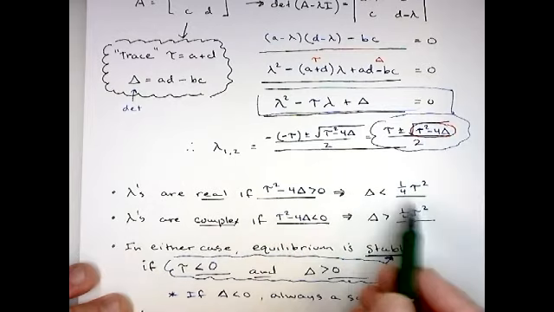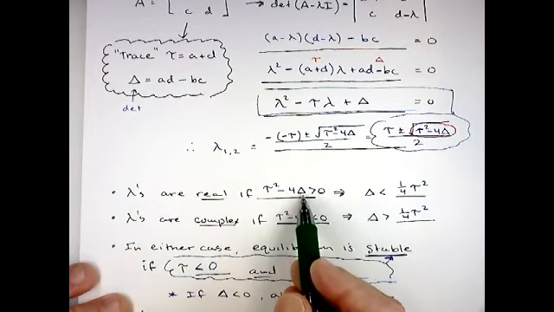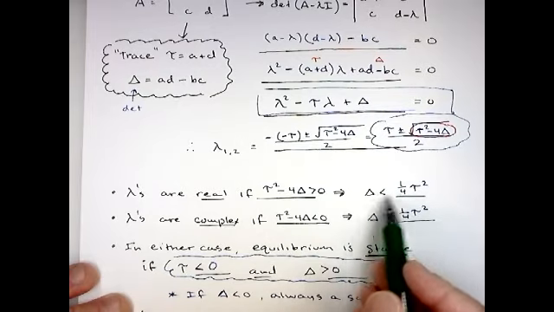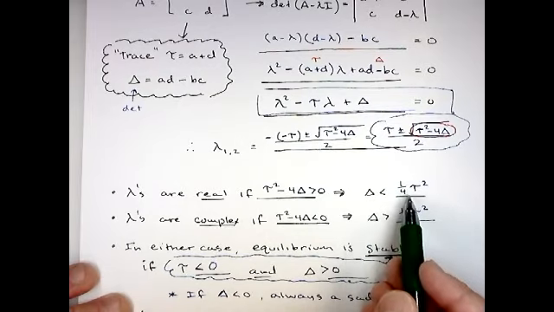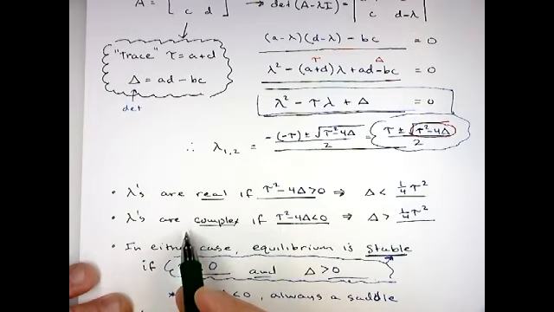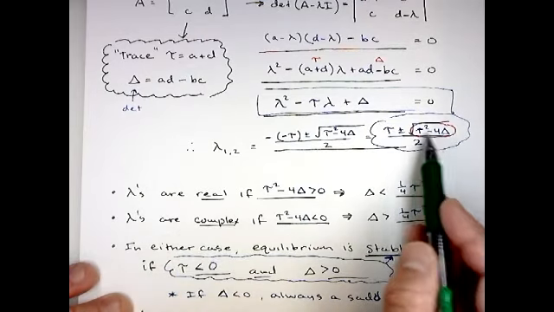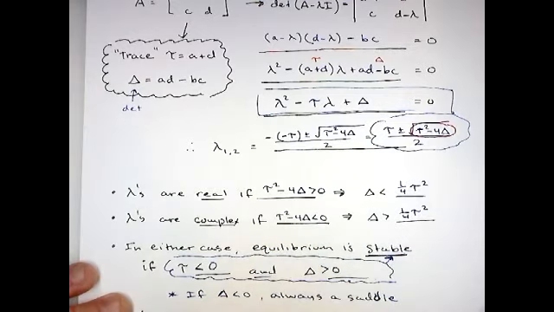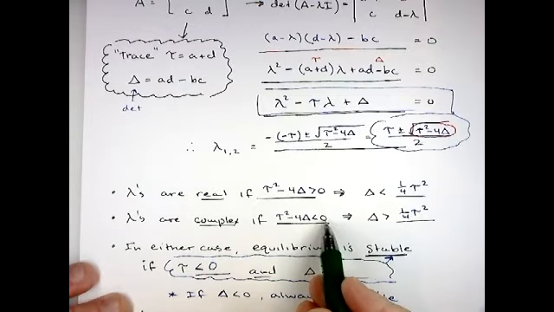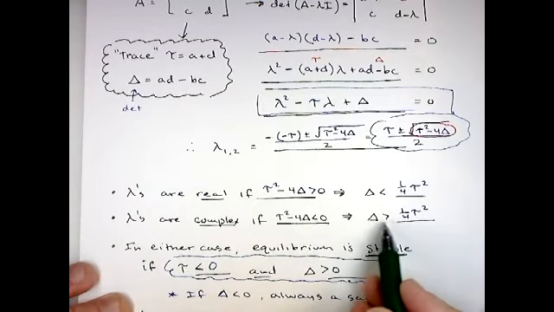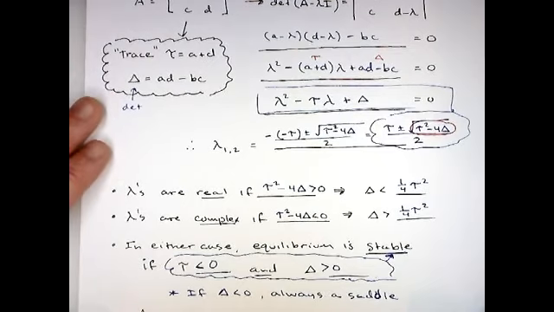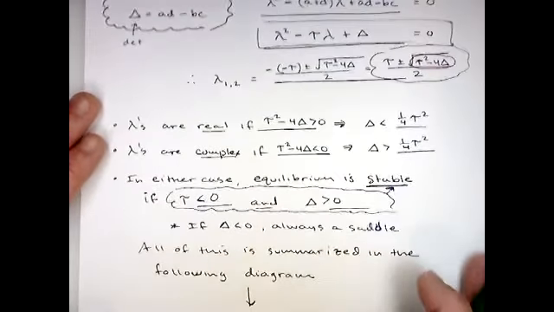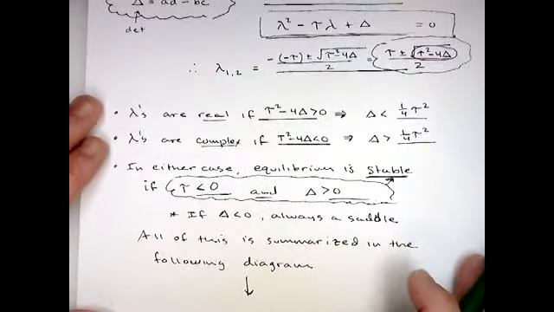And for something you're going to see later, I'm going to solve this for delta, and that's equivalent to saying delta is less than 1/4 tau squared. On the flip side, your lambdas will be complex if this part comes out to be less than 0. If tau squared minus 4 delta comes out to be less than 0, that turns into delta is greater than 1/4 tau squared.